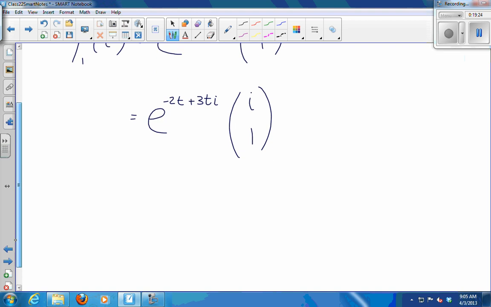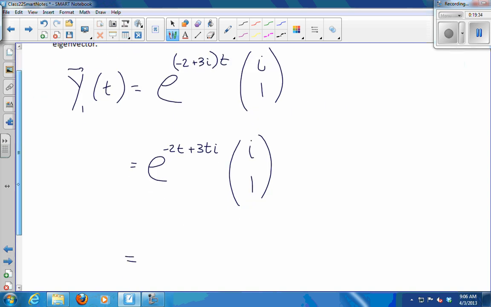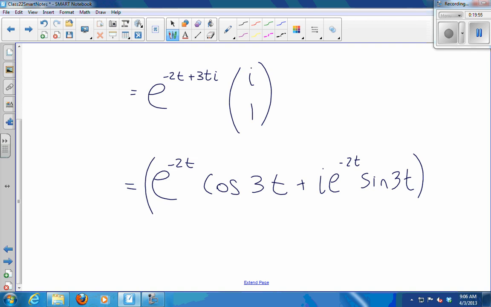Then I apply my rule: e to the a cosine b, so e to the -2t cosine 3t plus i e to the -2t sine 3t, all times the vector (i, 1).